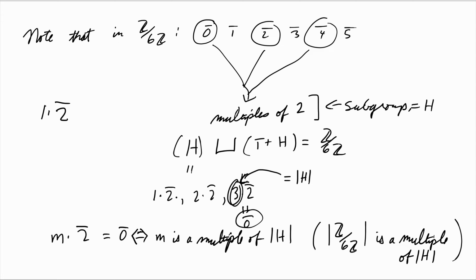I will get it for the first time using the multiple which represents the size of the subgroup H. So in particular, if I took 2 bar and multiplied it by the size of this additive group, which is 6, I should get 0 bar. Now, of course, 3 worked because 3 is a factor of 6. So the size of H is a factor of 6 because of the even partitioning.